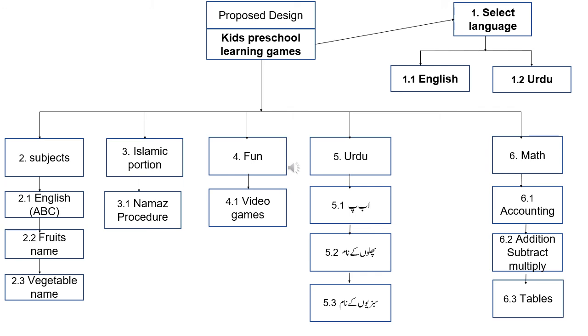The second part is subjects, the third is the Islamic portion, the fourth is fun, the fifth is Urdu, and the last point added in the proposed design is mathematics.